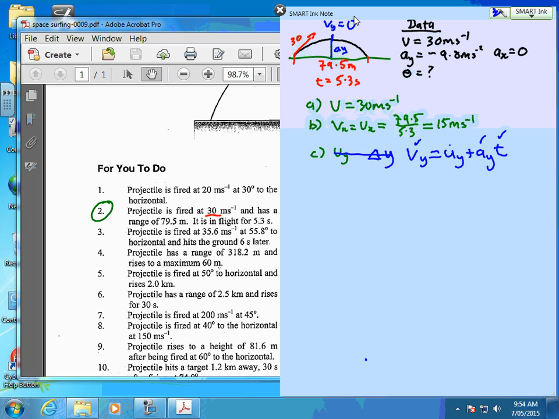So what I can do now is substitute in: Vy is 0 equals Uy plus minus 9.8, because I have to remember the direction is important, times the time, and the time is 5.3 on 2, because it's halfway through its journey when Vy is 0.